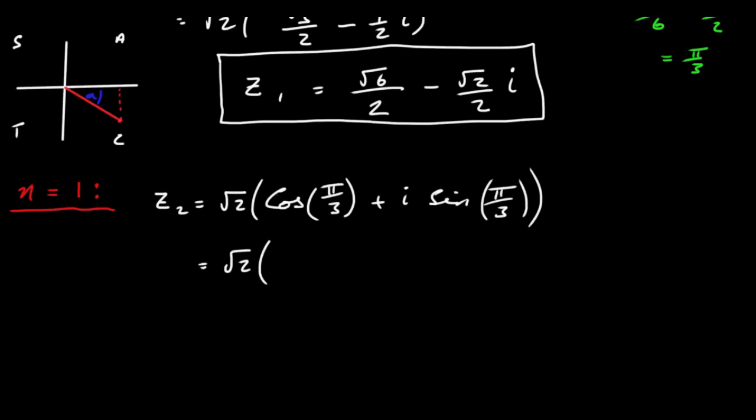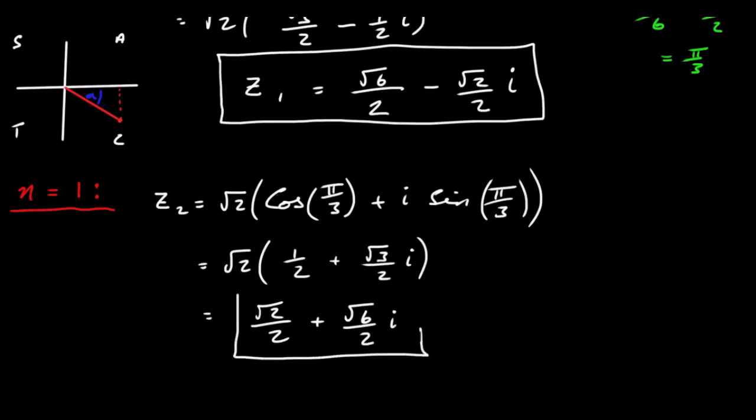The cosine of pi over 3 is a half, and the sine of pi over 3 is root 3 over 2 I. That's our solution. So that's just going to be root 2 over 2 plus root 6 over 2 I. This is our second root, our second solution.